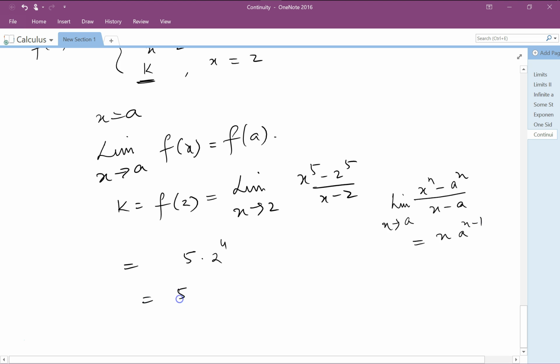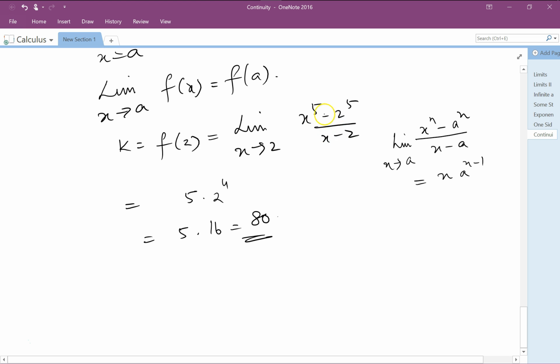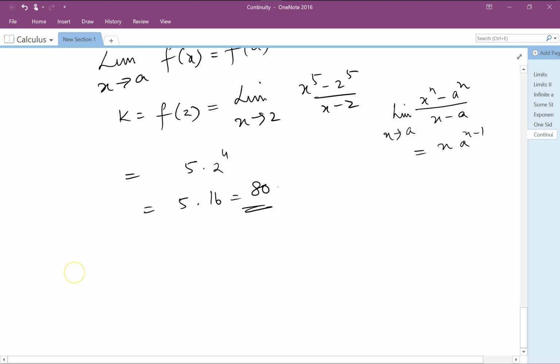So this is equal to 5 times 2 to the power of 4, which is 5 times 16, which is 80. So when you encounter something like this, don't panic. Try to remember the various standard limits.